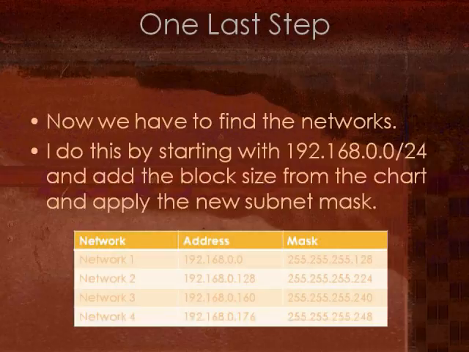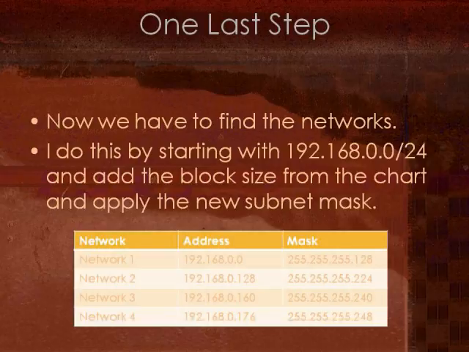The last step we have to do is actually make the network addresses. We start off with the original IP address with the new subnet mask. So network 1 is 192.168.0.0, and the subnet mask is 255.255.255.128. To find the new network 2 address, you add the block size to the first IP address, which is 128.